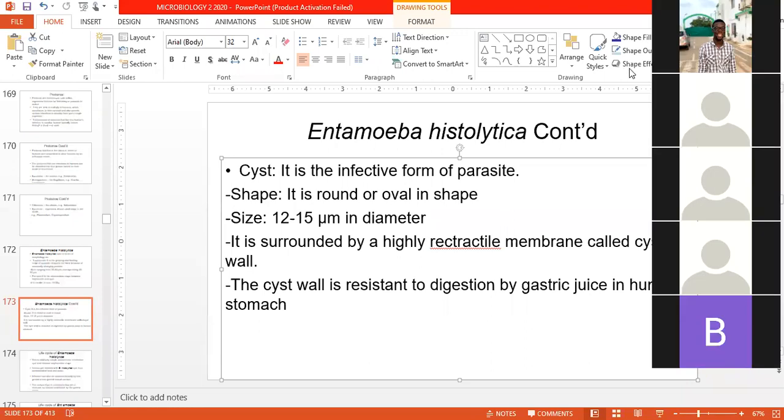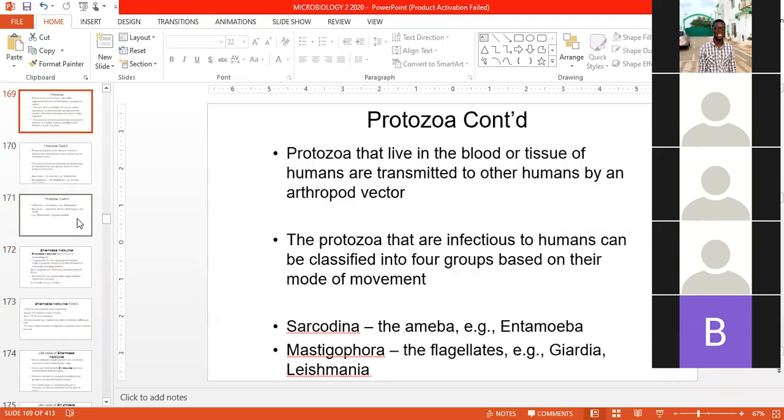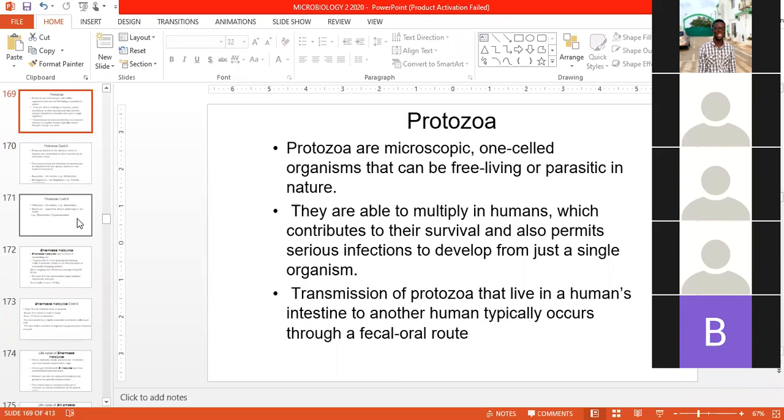You said something about free living. You said some of these parasites are free living. Please, I don't understand that part. As we saw earlier, some protozoa can live without their host, while some require the host, the facultative and the obligate.